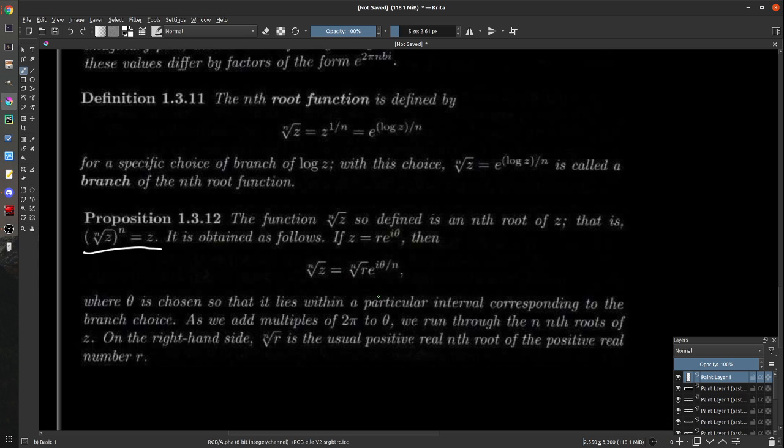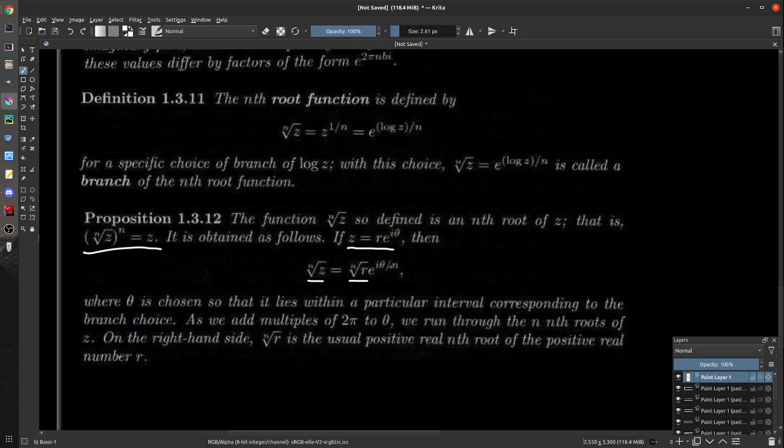So among other things, though, it also gives us a formula. If z is r e to the i theta, then the nth root of z is, just using this polar representation involving the exponential for a complex number. Remember, every complex number can be written in this form. The nth root of z written in this form is just the regular old real nth root of r, which is, remember, always greater than or equal to 0 since it's the radius.